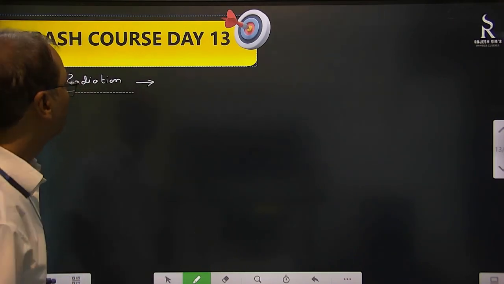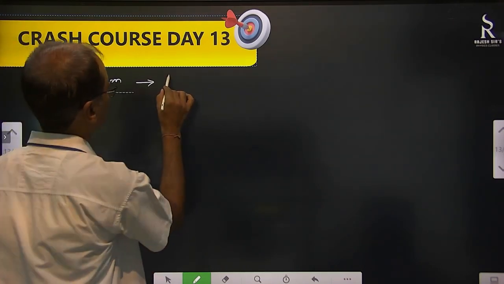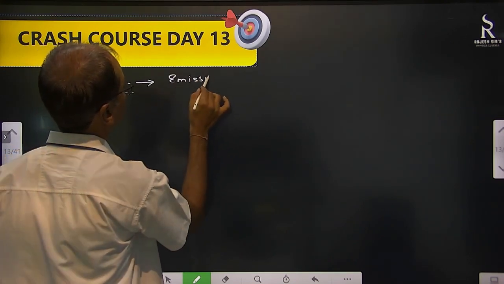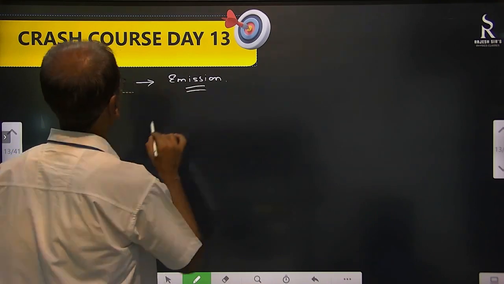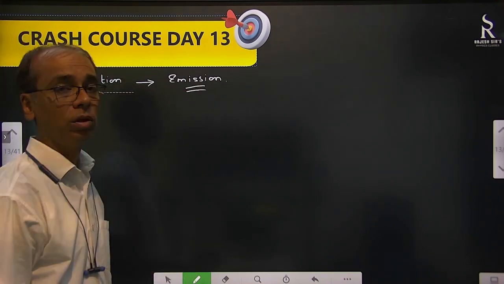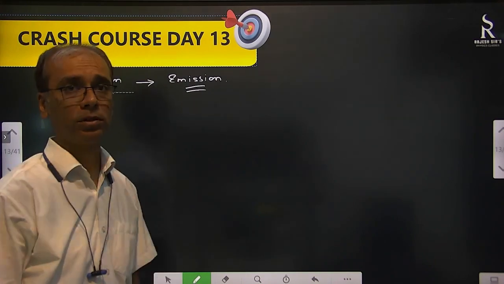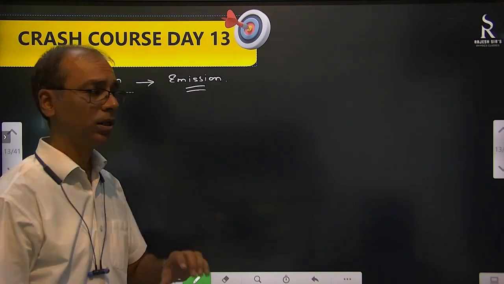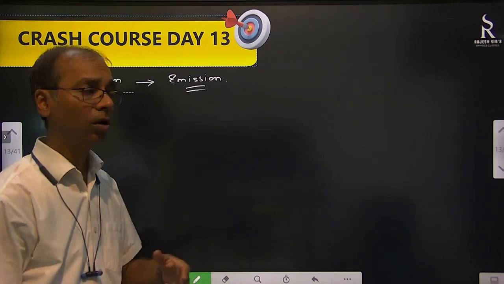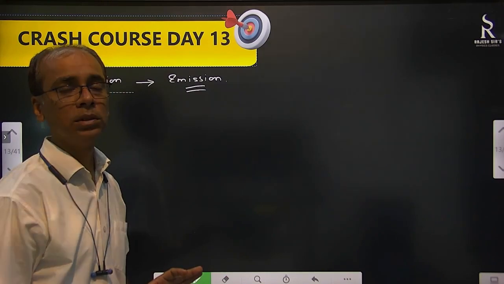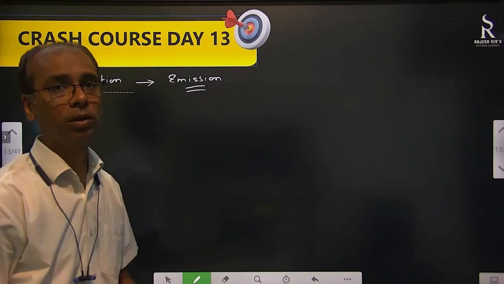Okay, how much you are emitting. This is emission actually. So this radiation doesn't depend on temperature difference. It only depends on your temperature. This depends on your own absolute temperature. It doesn't depend on how much the other body is having. It has nothing to do with that. It is only proportional to your own temperature.